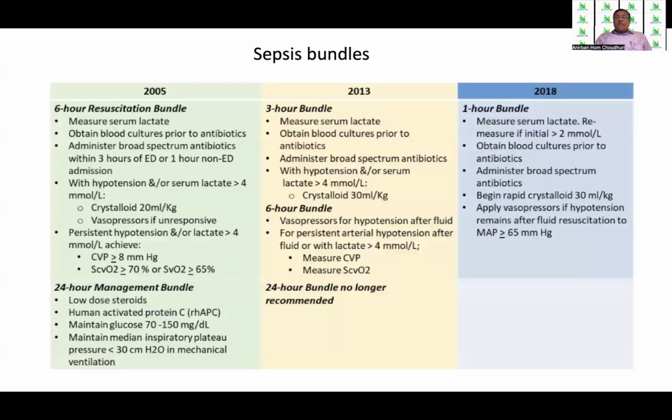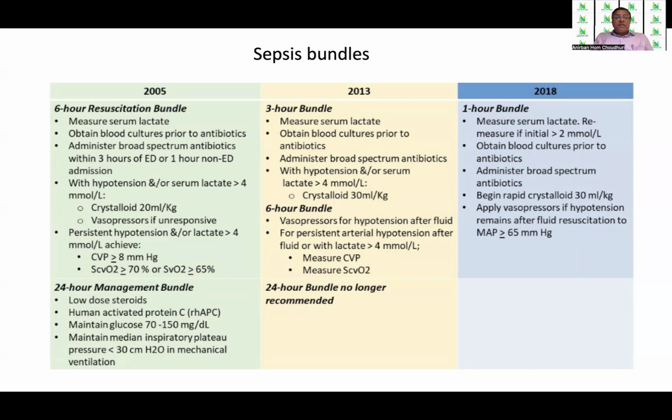As you can understand, this patient is in sepsis or severe sepsis. So therefore, the sepsis bundles are of immense importance in the quality outcome of these patients. If we go back to 2005, in the sepsis bundles of the Surviving Sepsis Campaign, there were two bundles, one 6-hour resuscitation bundle and another 24-hour resuscitation bundle.